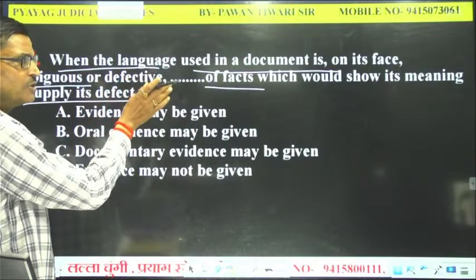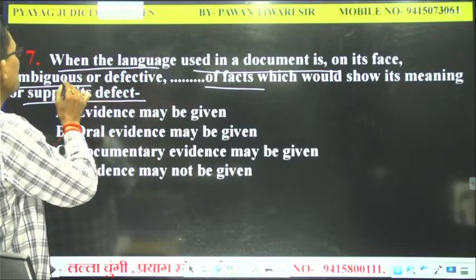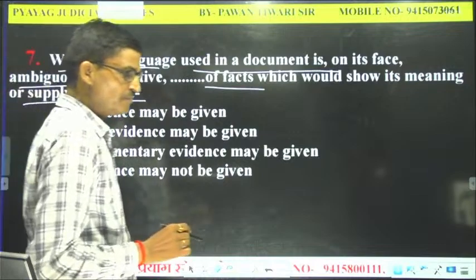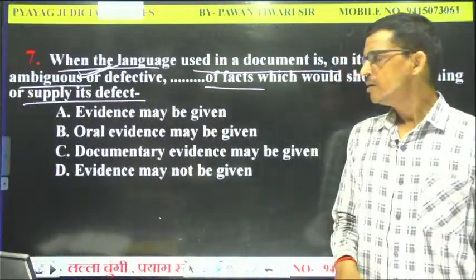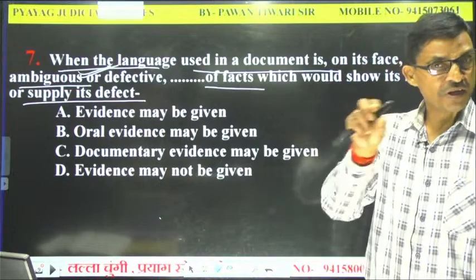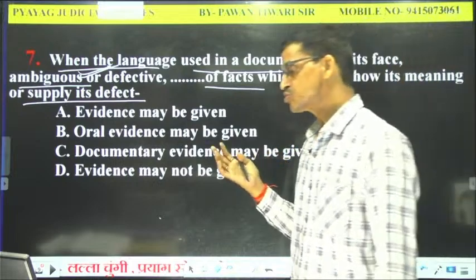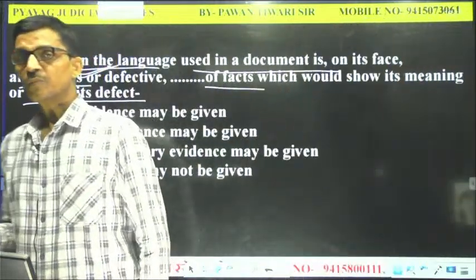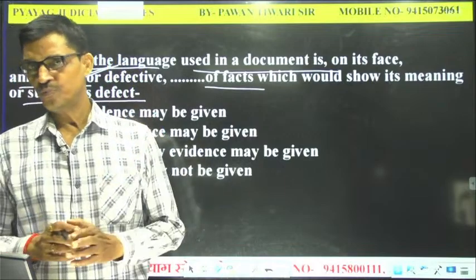When the language used in a document is on its face ambiguous, it means that on the face of the document the ambiguity is clear, the ambiguity is shown, then evidence is not required to prove it.